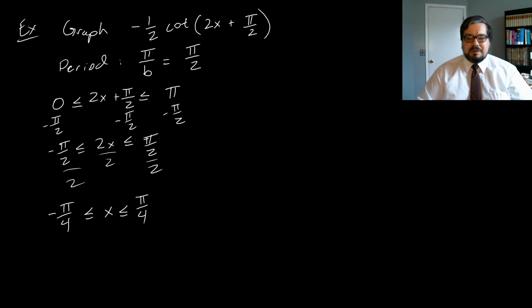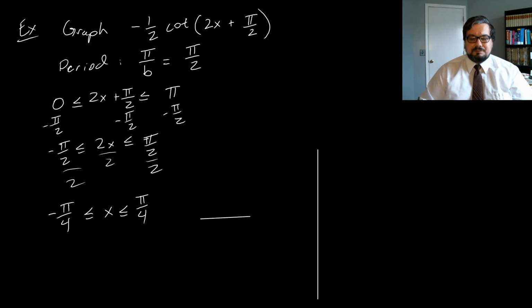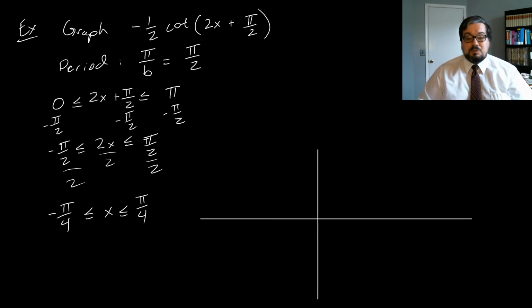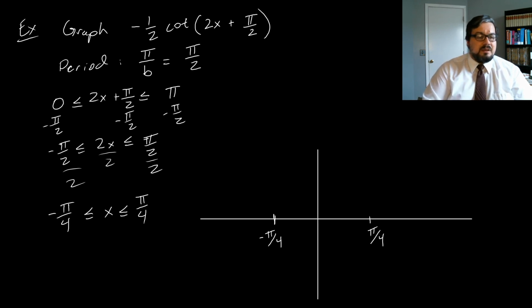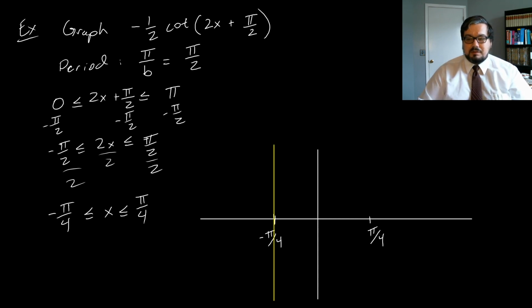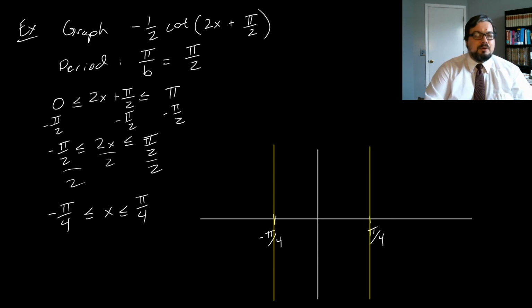So in this case, we have that this cotangent function is going to complete one of its normal cycles between -pi over 4 and +pi over 4. So again, we'll start by putting in the asymptotes and putting in our tick marks.